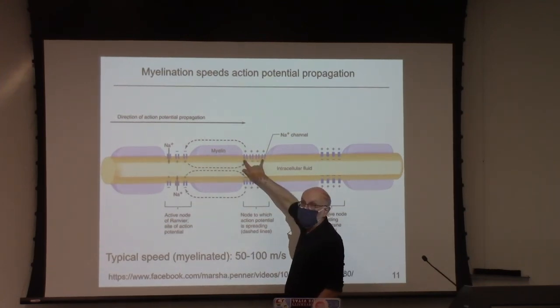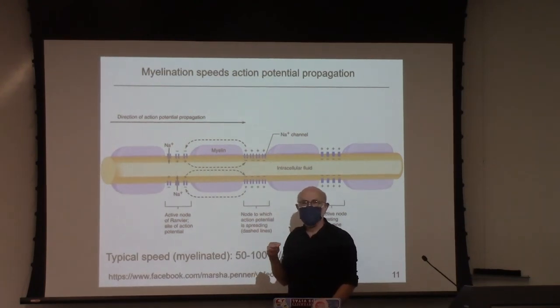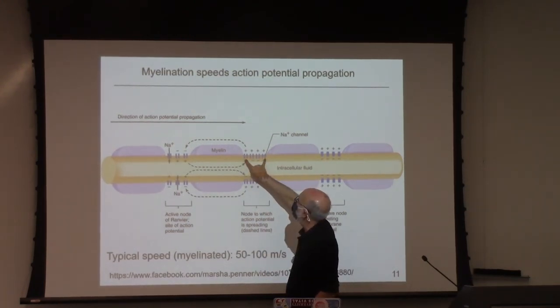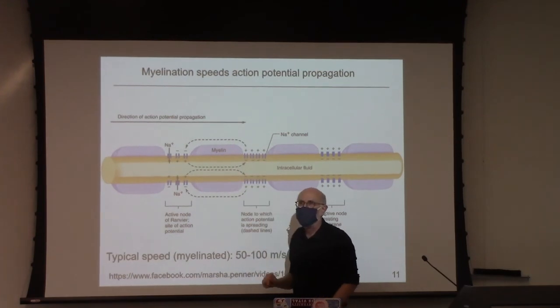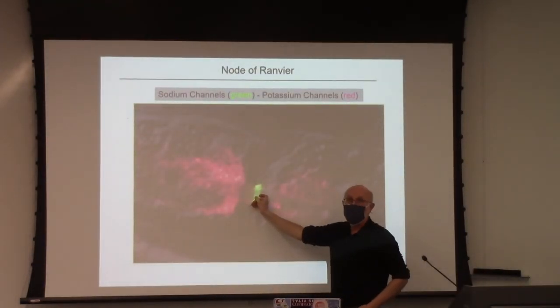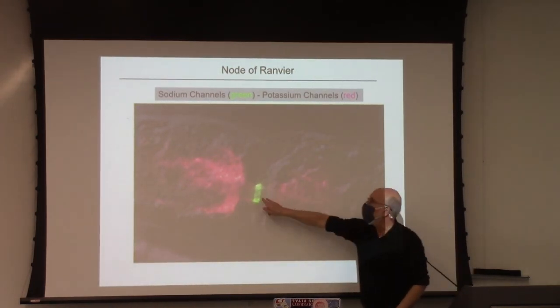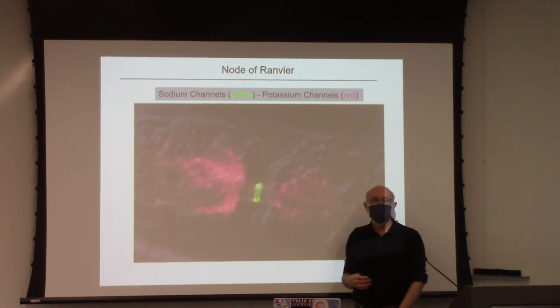The node of Ranvier, so this cartoon is screwed up in the sense that it makes the node of Ranvier look big relative to the myelin. Here's the way it really looks. The node of Ranvier is very small relative to the length of myelin. So the node of Ranvier is much less than a millimeter.